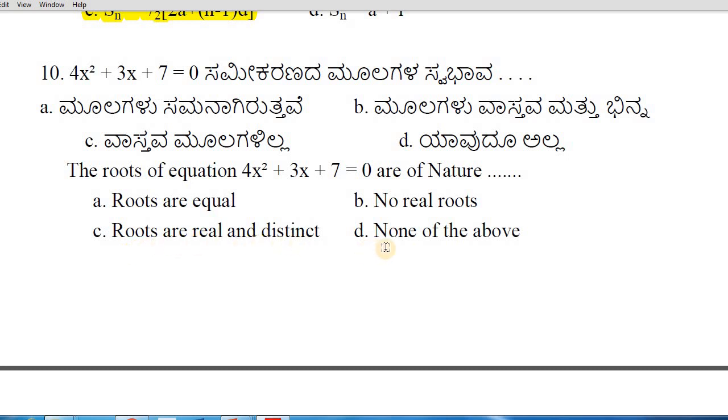Option D, none of the above. Children, to answer this, you have to find the discriminant. D equals b square minus 4ac. So as you solve, you will get the d value as negative. It means it is less than 0. Hence, the answer is B, no real roots.